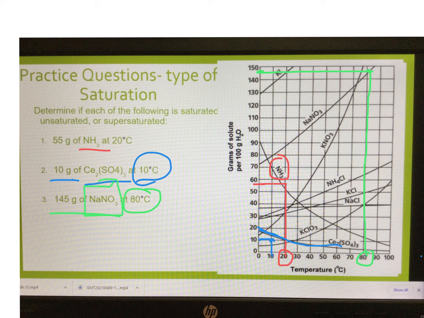So is that supersaturated, saturated, or unsaturated? Remember this NH3, it seems to be above the line. The CeSO4, it seems to be below the line. And for the NaNO3, it seems to be exactly on the line. So go ahead and pause and then tell me what it is. Is it saturated, supersaturated, or unsaturated?